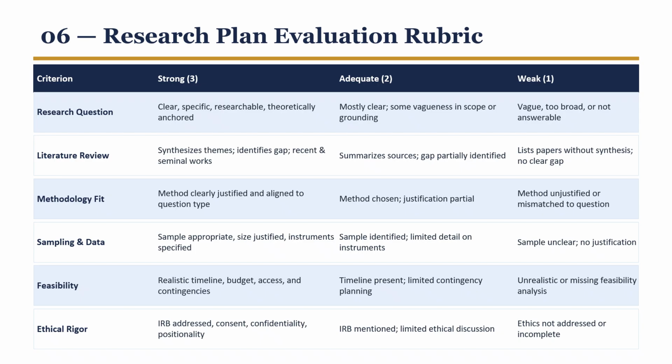That would earn a 1, while something very specific and clear, theoretically grounded, and researchable would qualify as a 3. So take some time and look at the evaluation rubric and think about that as you're reading research. I think that's the key piece, that you're now a consumer of research and you can evaluate it based on that rubric.